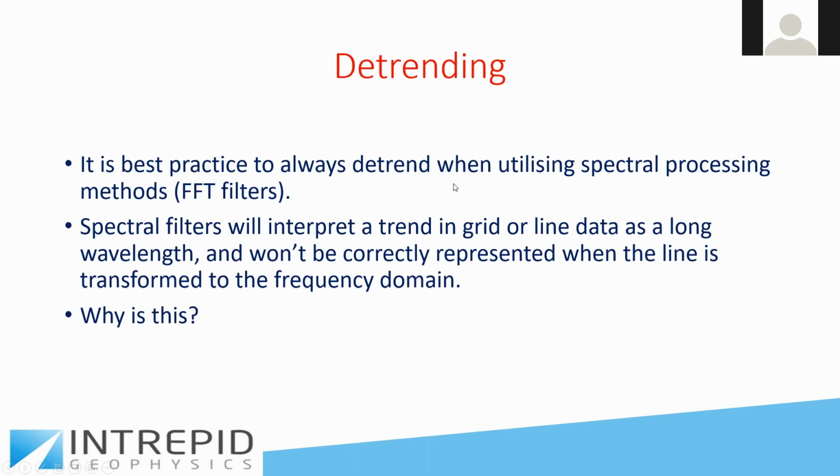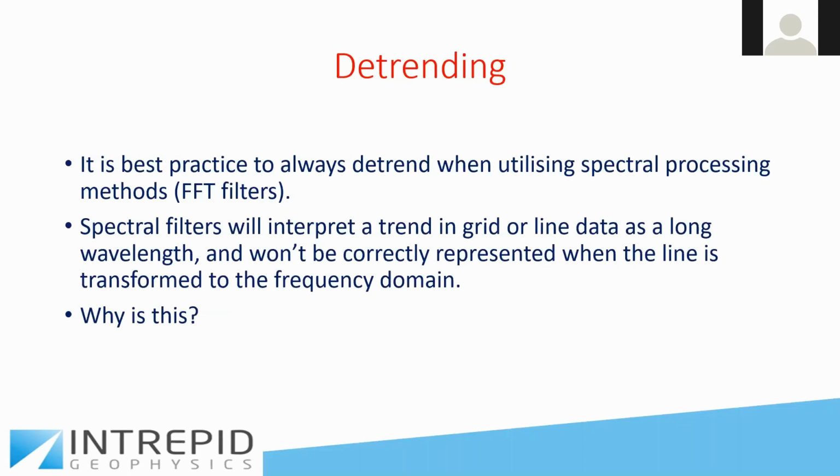Also, I had a question the other day about detrending, and I just wanted to expand on that, especially in the context of filtering within Intrepid. Detrending is always used during spectral processing methods within Intrepid.